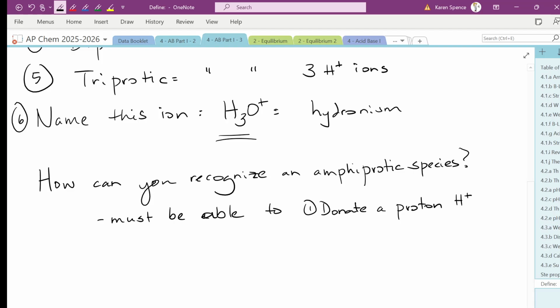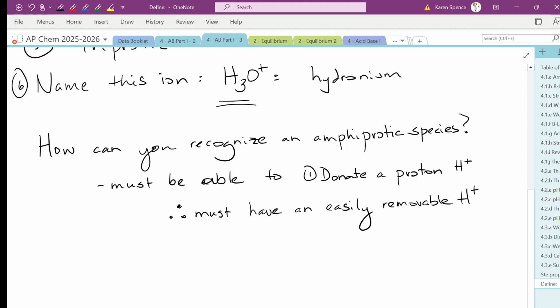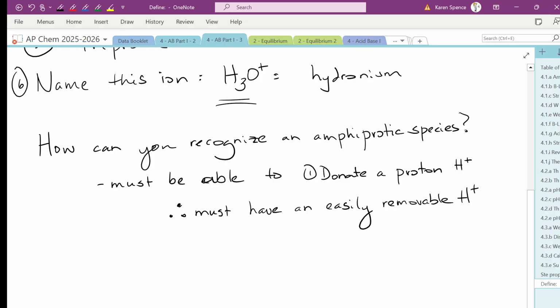It must have an easily removable proton. So that's one of the things.